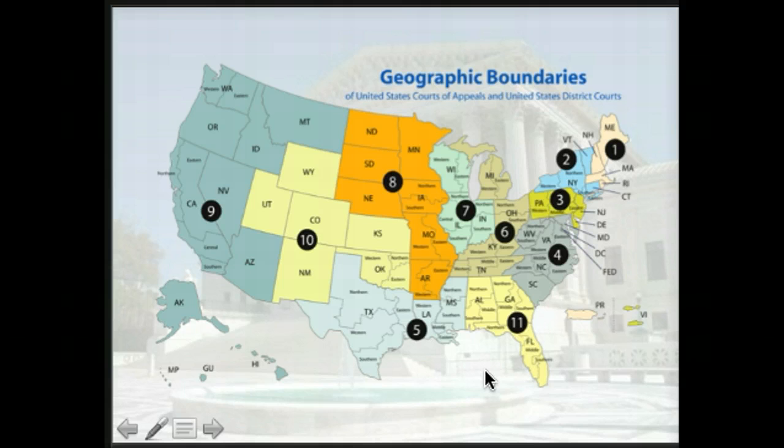There are only 11 Circuit Court of Appeals districts, or geographical boundaries. Now, if you want to appeal a case that the Eastern District Court decided in Virginia, you would appeal to the 4th Circuit Court.